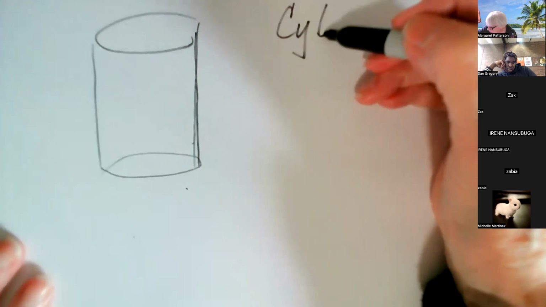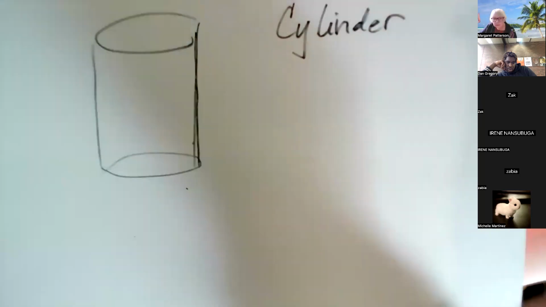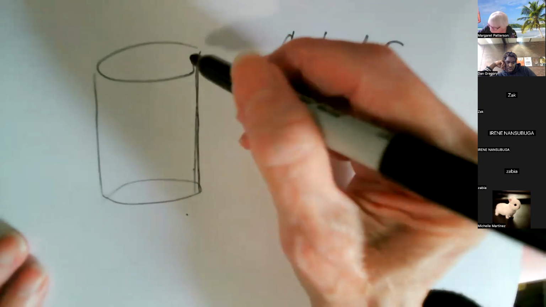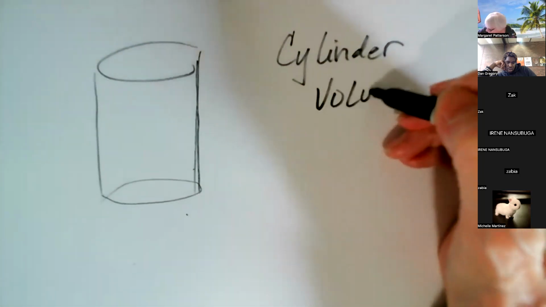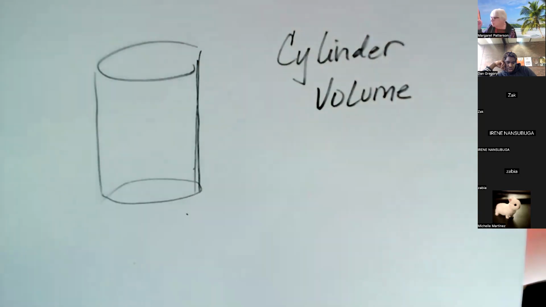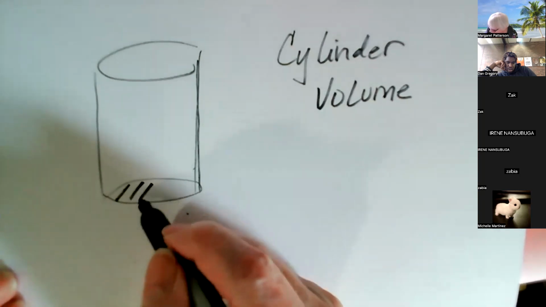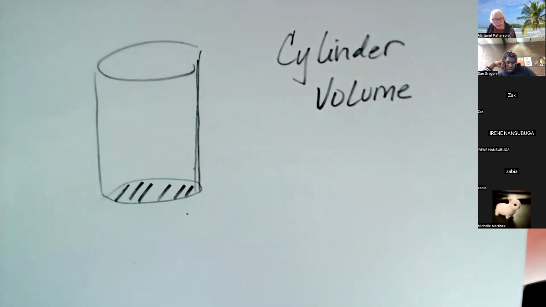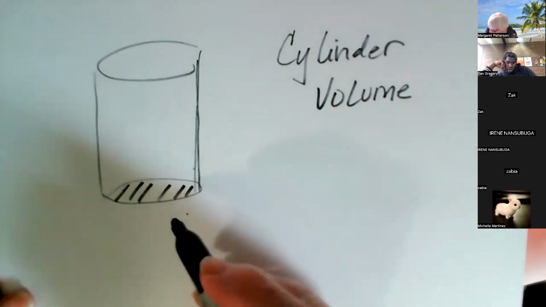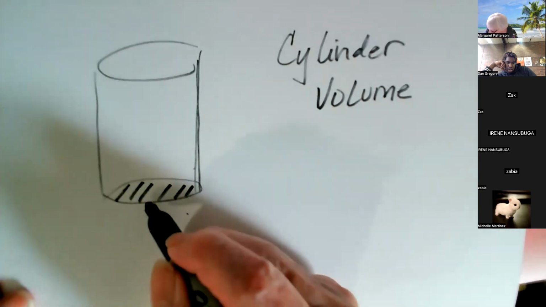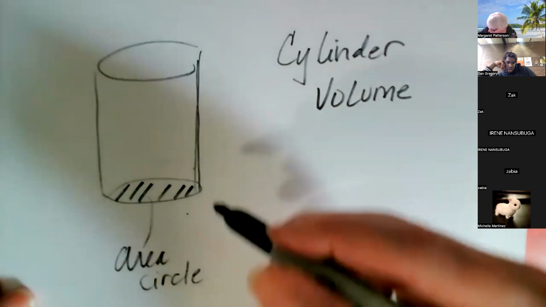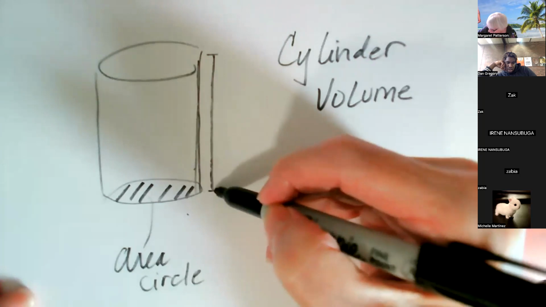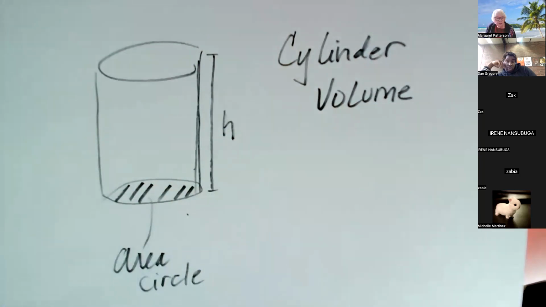This is a cylinder. We want the volume. Using the same thing we used for the last problem, you have to get the base. And so it's basically the area of the circle multiplied by the height.